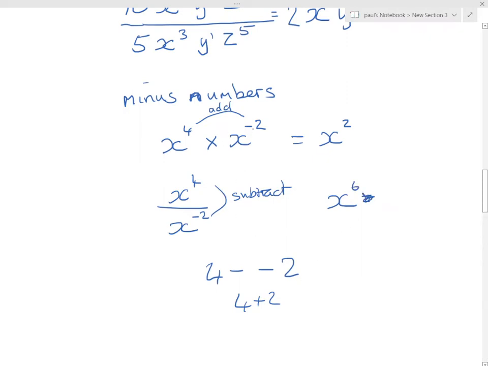So be very careful when you've got minus signs. So this is 4 and minus 2, and this one is 4 minus minus 2. When you've got two signs together like that, it means a plus.